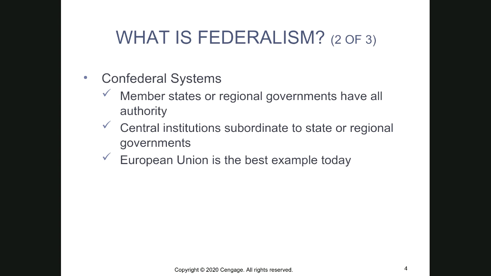This is basically where the regional powers have all of the authority. Again, they can create a central power, but that central power is going to depend on those lower levels of government to get all of its power. So the local or regional governments are really the ones with all of the power. Any power that the central government has is derived from what those local governments give it.